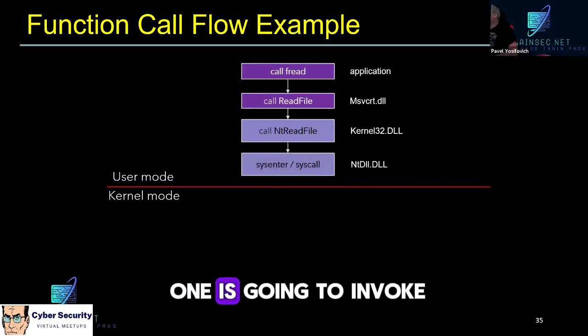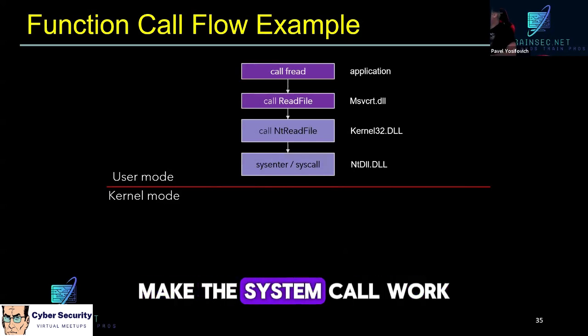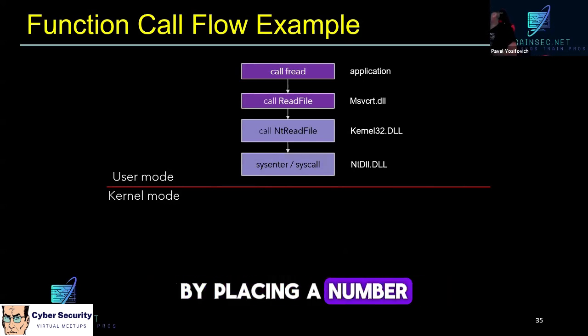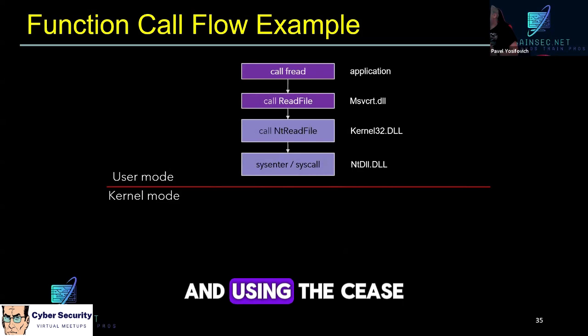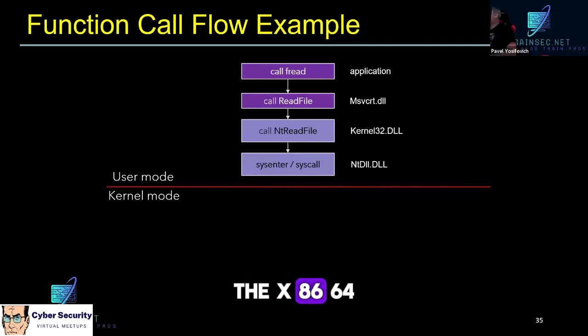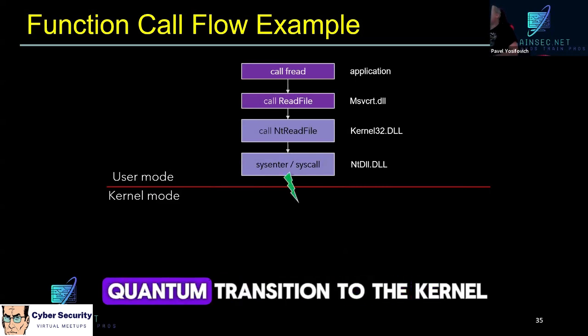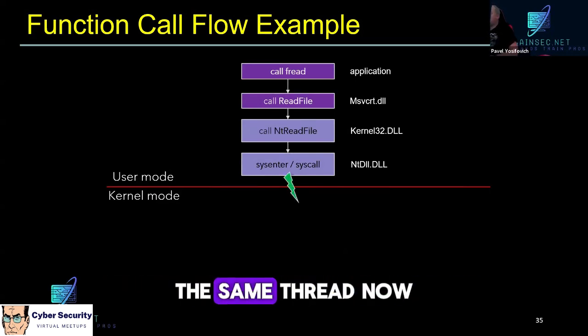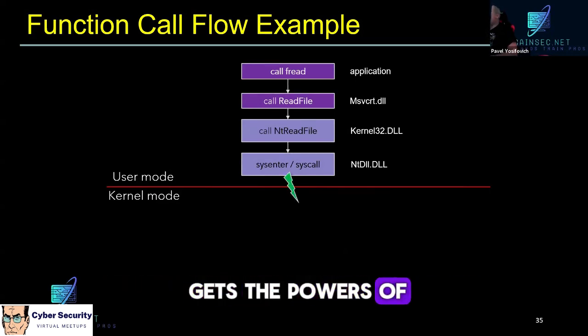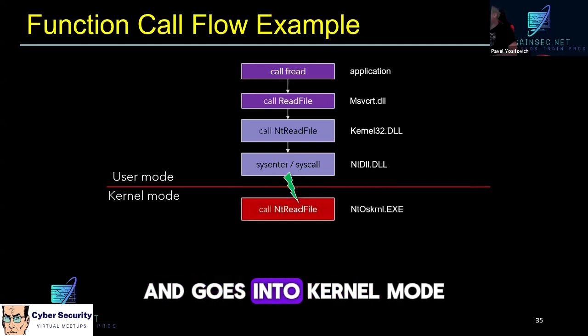And then this one is going to make the system call work by placing a number into the EAX register and using the syscall instruction, the x64 instruction, which will cause a transition to the kernel. The same thread now gets the powers of the kernel and goes into kernel mode.